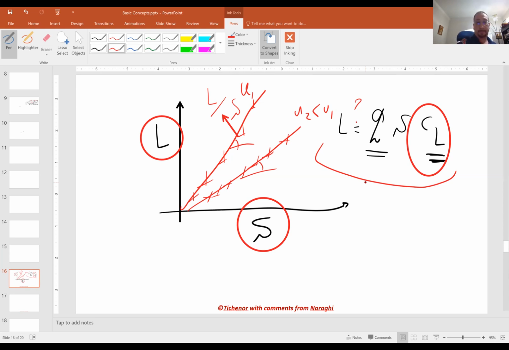But one thing that you saw a few times today, which is extremely important, is this linear relationship. This linear relationship was between L and S, but you also saw it between stress and strain and all that.